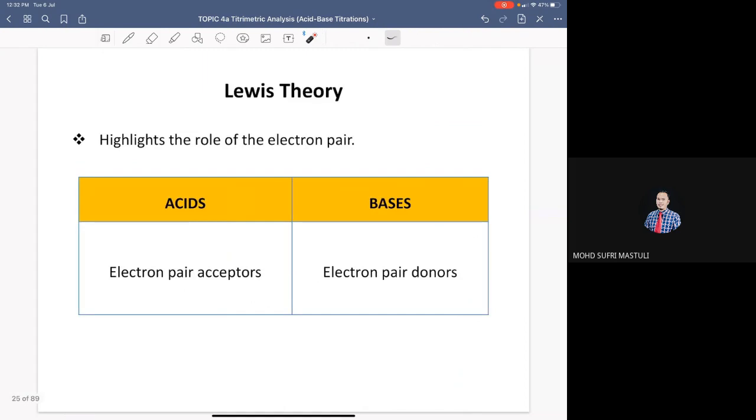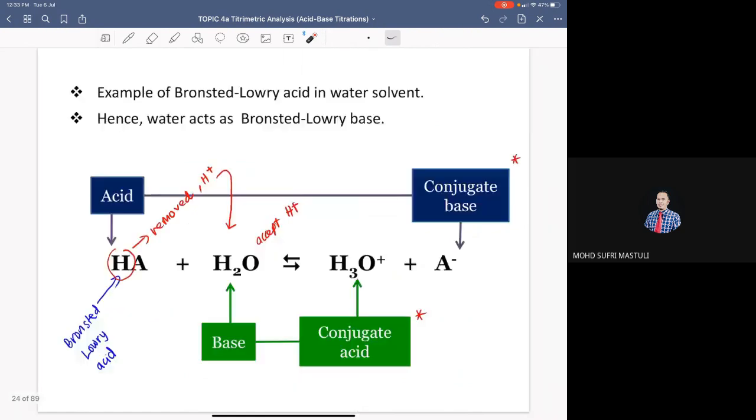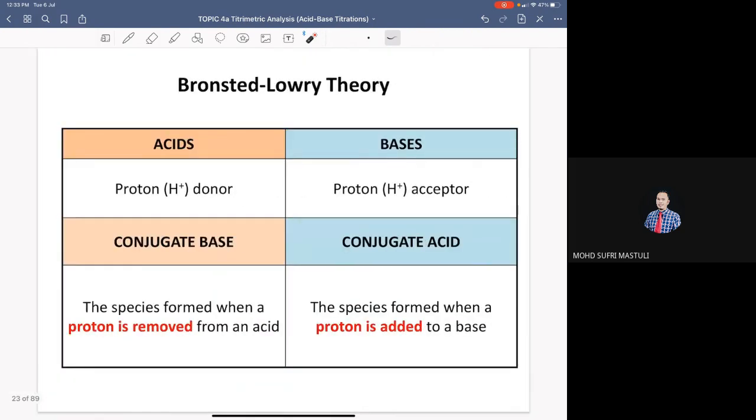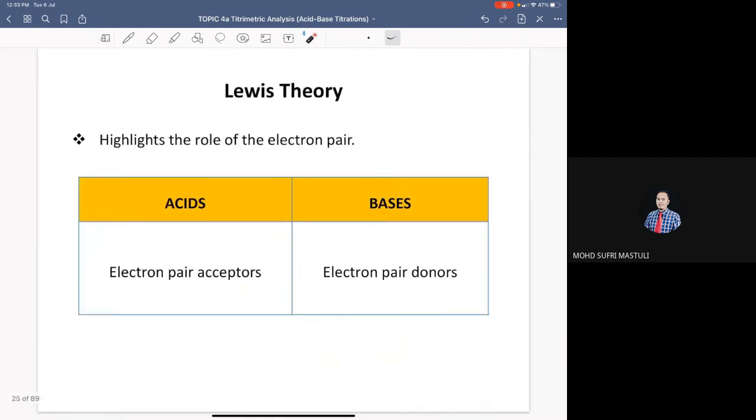Lewis theory highlights the role of the electron pair. Arrhenius said produce a proton or produce hydroxide. Bronsted said a proton donor or proton acceptor.